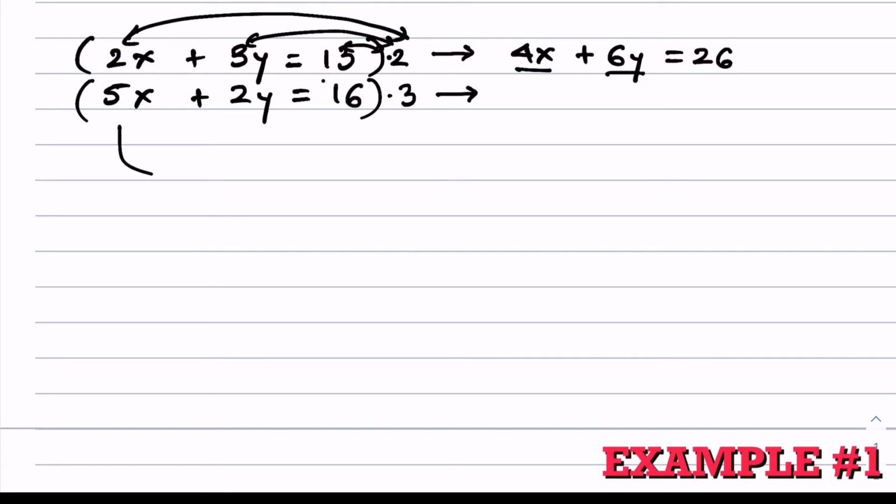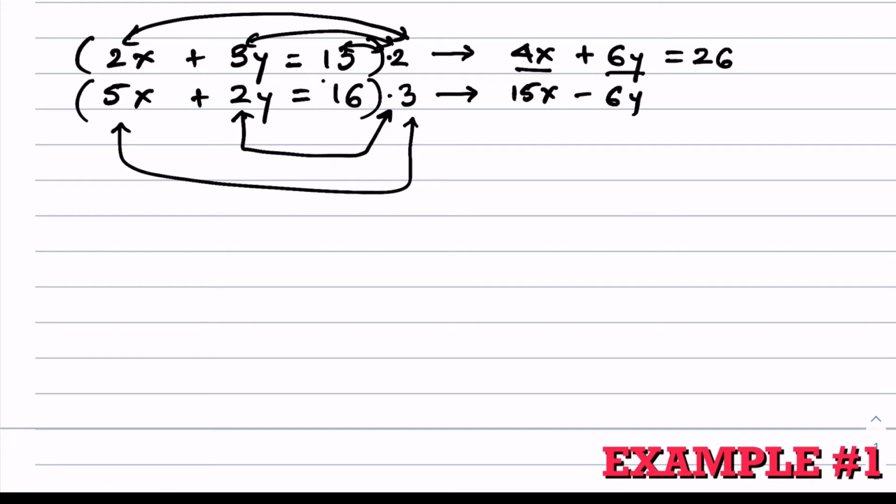The same thing applies here: 5x multiplied by 3 gives 15x, 2y multiplied by 3 gives 6y, and 16 multiplied by 3 gives 48. So far so good.